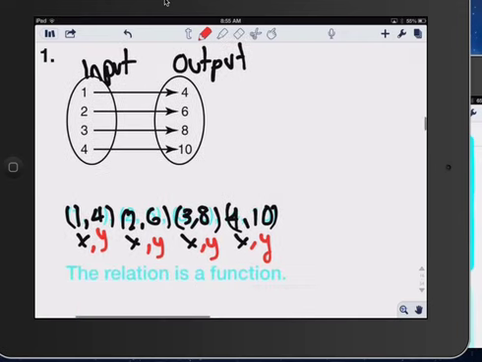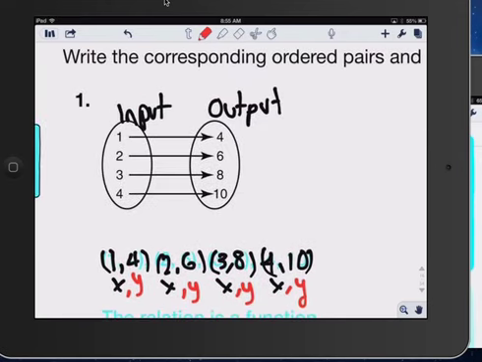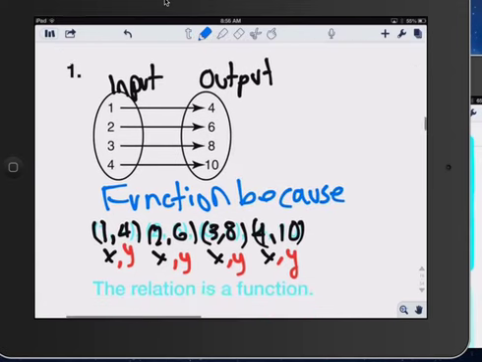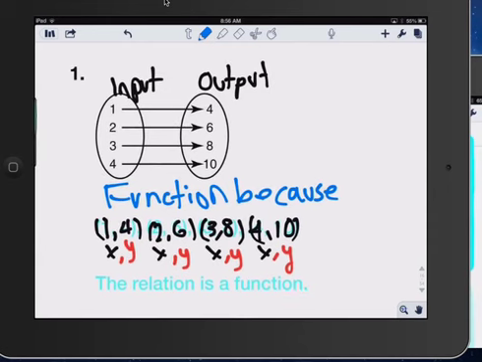Let's look at letter. This is called a function. This is a function because there's only one output. There's one input to one output. Because one input, there's only one answer. There's only one answer to one input, right?